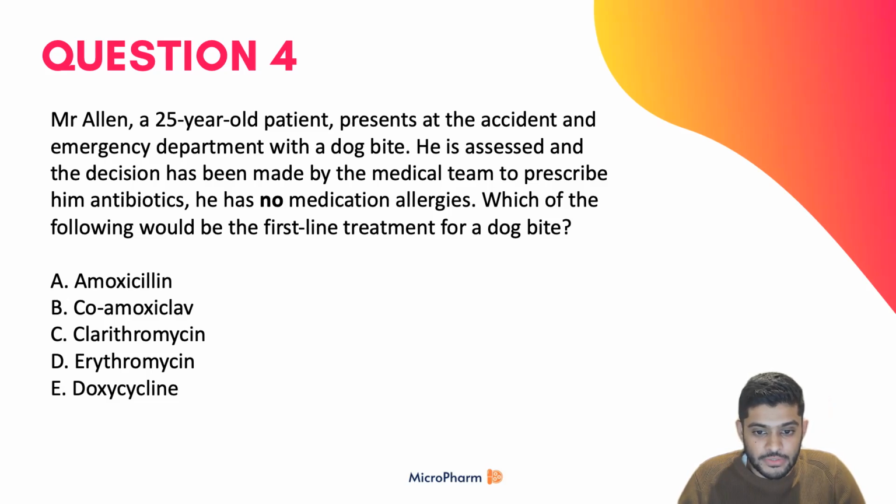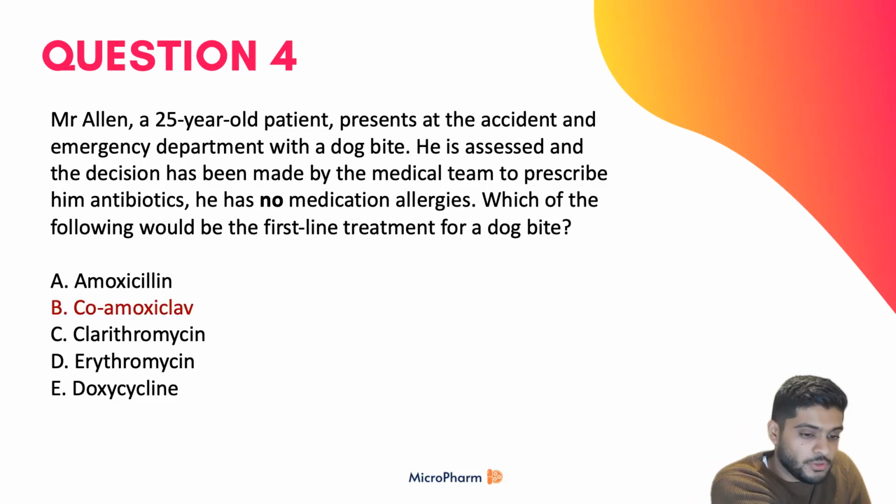Let me share the answers for this question. So got a bit of a mix here, but most of you answered B. The correct answer was B. Does anyone know why the correct answer is B? Maybe you've come across the fact that co-amoxiclav is the first line.